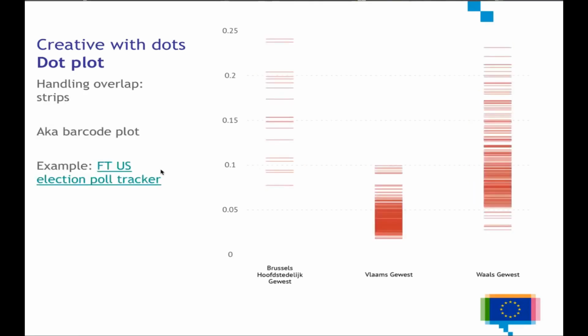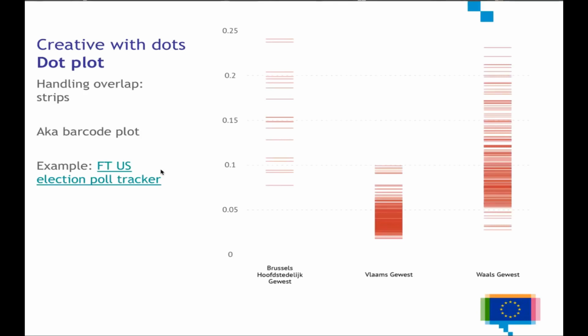An alternative way of presenting the same data is using another visual mark. So instead of dots, you could use lines or strips, and then you will end up with something like this. This is called a strip plot or a barcode plot because it resembles barcodes. And it is also a technique to pack more data into the same amount of space.